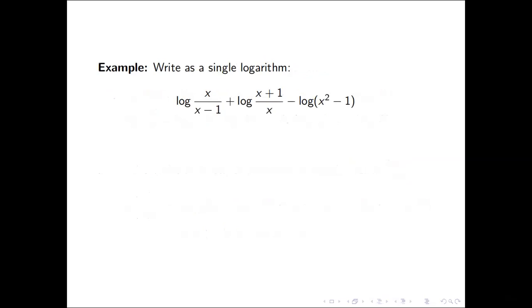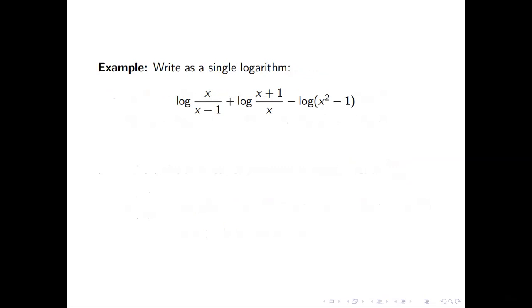Okay, let's do the reverse. Instead of writing as a sum or difference, we have a sum or difference here, and we write it as a single logarithm. So we will apply the properties in reverse. If you observe the expression here, there's a sum, there's a difference. And remember, logarithms transform multiplication to addition.